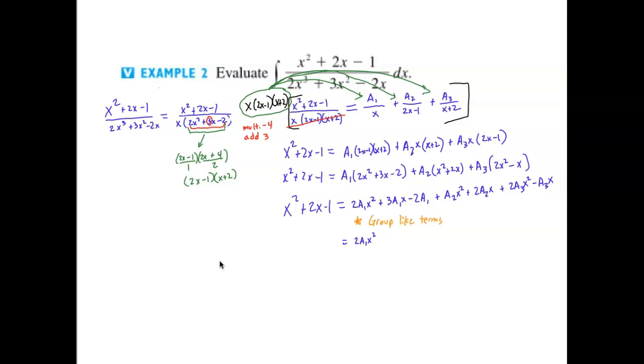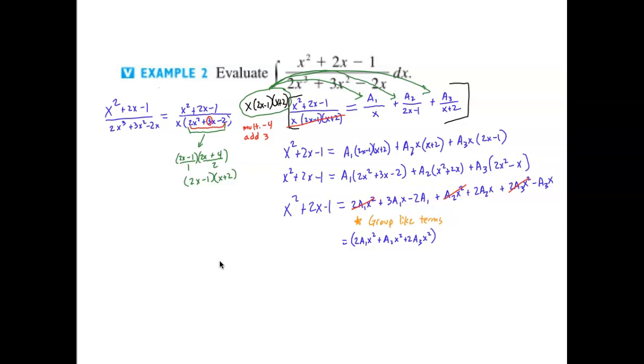This can be a lot to keep track of. What else do I have? I have A2 x squared, so plus A2 x squared. And then I also have 2A3 x squared, so plus 2A3 x squared. I'm just going to put those in parentheses just so I know that they're grouped there.